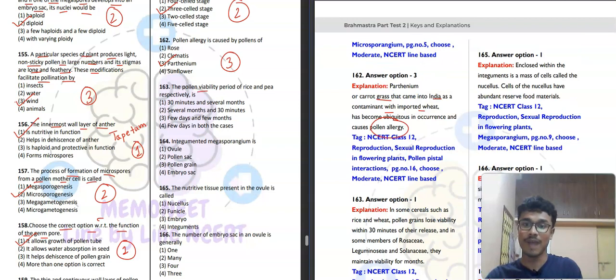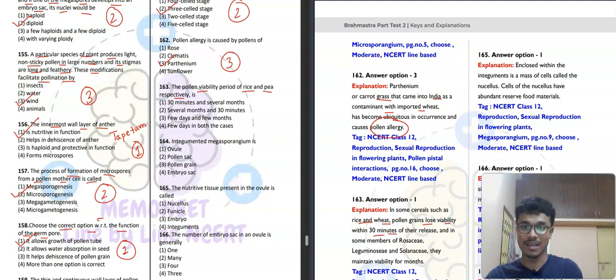The pollen viability period of rice and pea, respectively, is 30 minutes and several months, 30 minutes and few days, and so on. You can see that in some cereals such as rice and wheat, the pollen grain loses viability within 30 minutes.